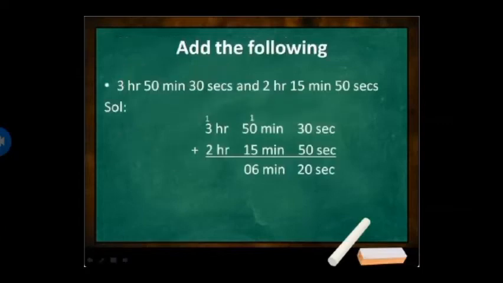So you will get 6 minutes and you are going to carry 1 hour to the hours column. Now it is 1 hour plus 3 hours plus 2 hours, which is equal to 6 hours. So the answer is 6 hours, 6 minutes, 20 seconds.